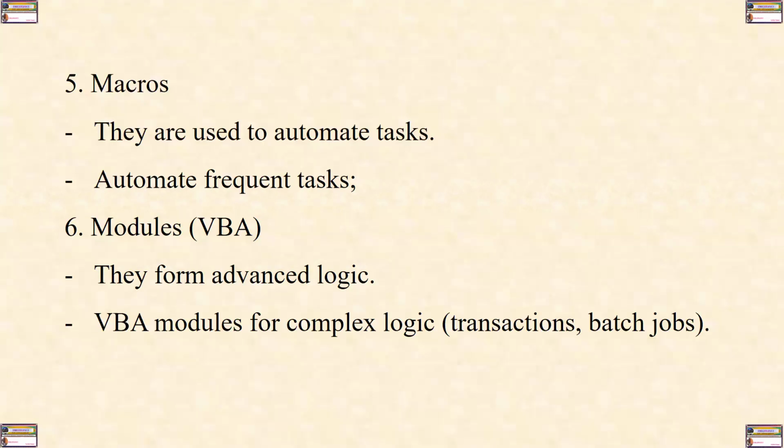These modules are, of course, complex, and can be used almost like macros, but they're able to perform more activities than those performed through a macro. Some of these can be used to undertake activities such as transactions, batch jobs, etc. In other words, one module can perform activities that are performed by several macros.